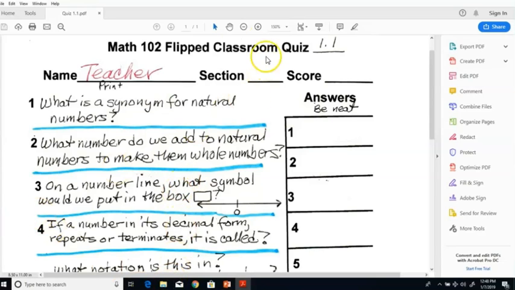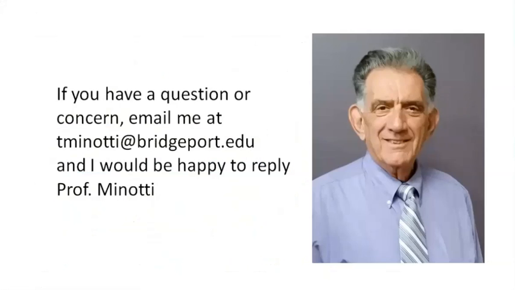Again, these are from a previous section and a previous semester. But again, the questions will be typed up. This will be blank, in which you could do work, and all your answers will be neatly put on this particular side of the page.